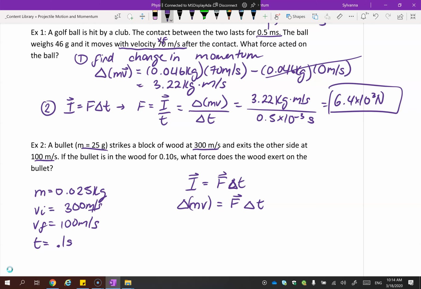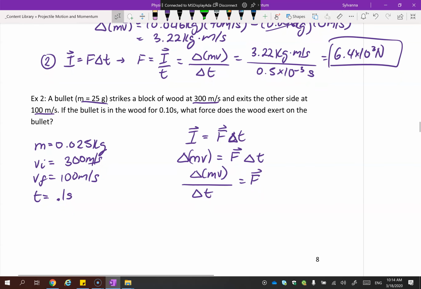So I'm going to rearrange, divide both sides by delta T. And we're going to fill in our information. So the change in momentum is going to be m times v final minus m times v initial over time.